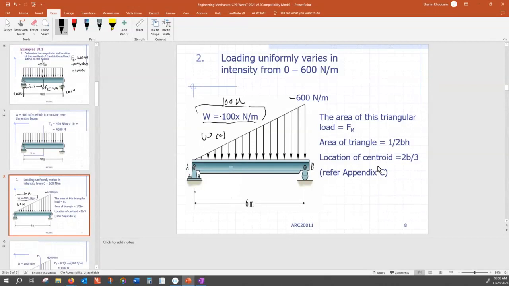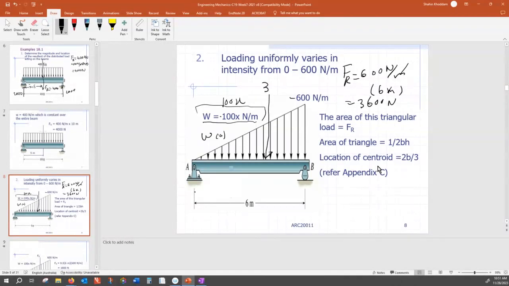Anyway, the area of that triangle is the base multiplied by the height, half of that. So Fr is 600 Newton per meter multiplied by 6 meter, over 2, so that is 1,800 Newton. Meter cancels, and the unit is Newton. Where should I place that?